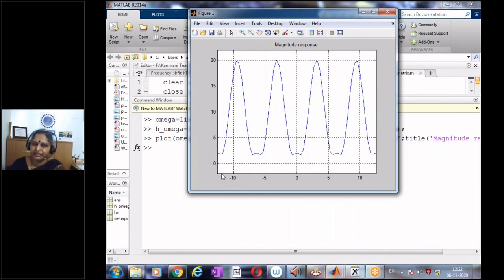Since I've defined it in the interval minus 4 pi to plus 4 pi, we have four cycles present. The magnitude is 0 around 0, around 2 pi, around minus 2 pi, and it is high around pi, 3 pi, and so on, and hence this is a high pass filter.